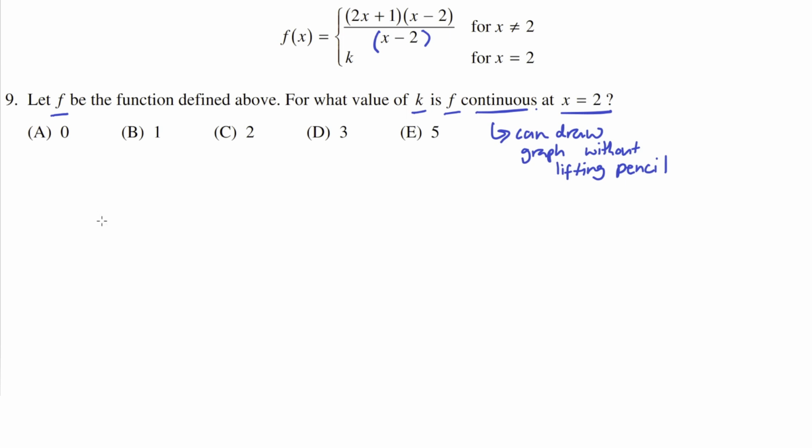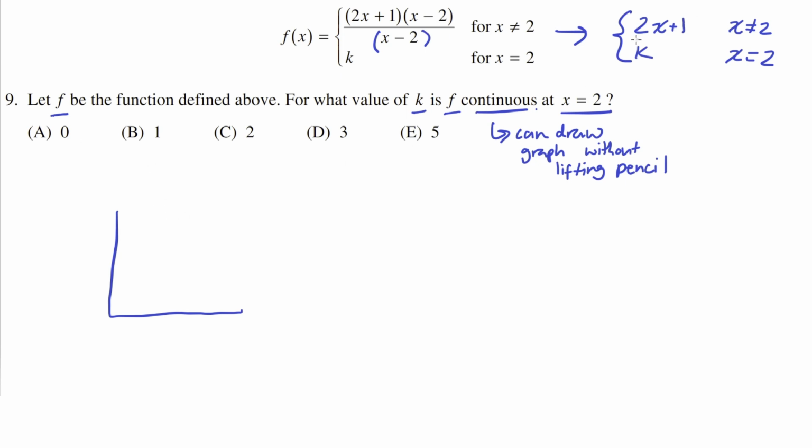So let's see what f of x looks like. After we cancel out x minus 2, this function just evaluates to 2x plus 1 when x is not equal to 2, and a value of k for f of x when x equals 2, because we just cancel out the x minus 2.